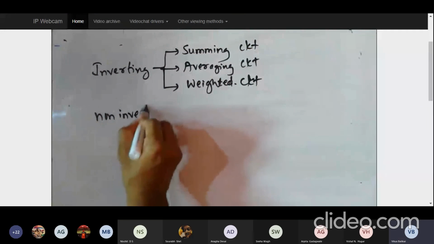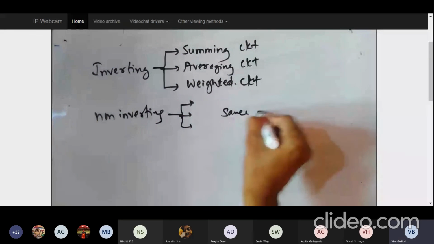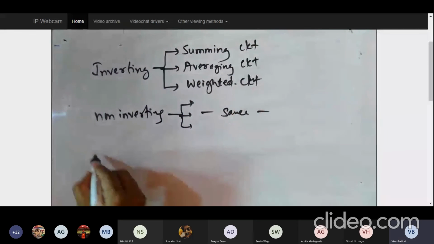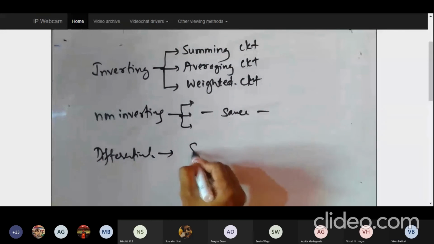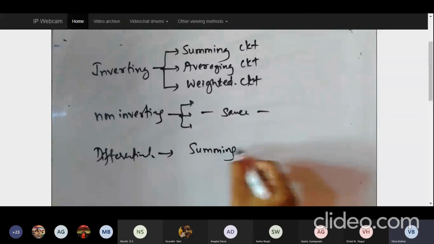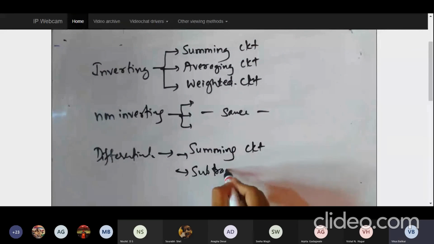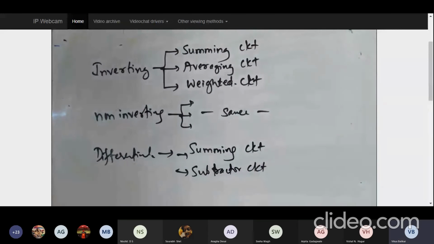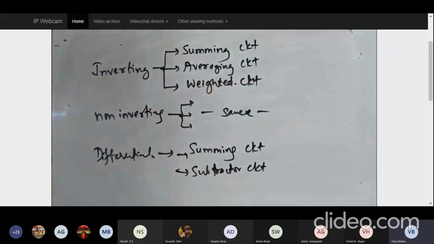In the non-inverting configuration I had the same as that of the inverting configuration, but in the differential configuration I had the summing circuit and the subtractor circuit. So these are the different versions of applications that you can find using these three configurations. So this is the summary of the applications that we are supposed to study in today's lecture.